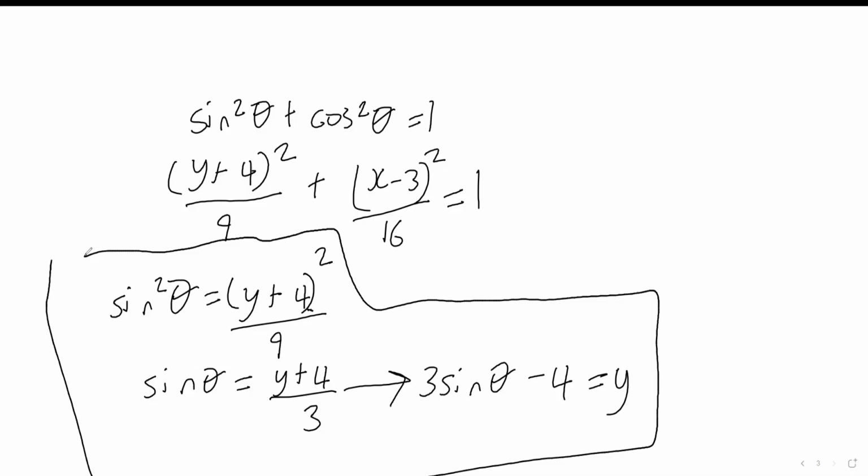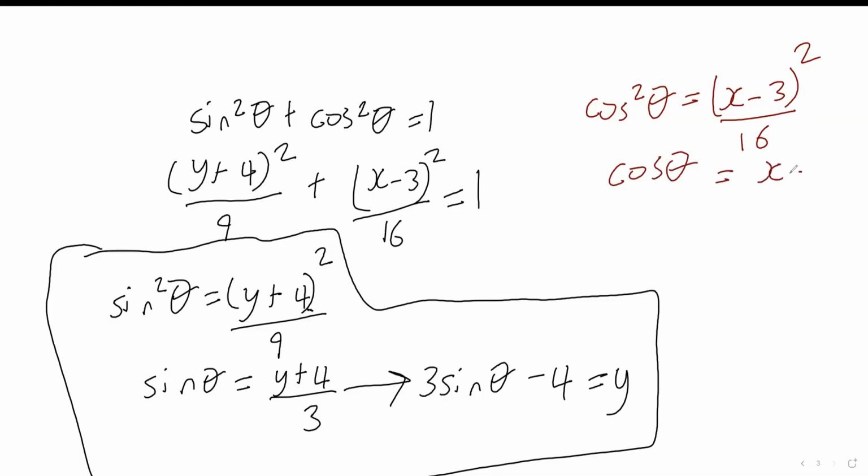Now for the next one, I'm going to make x the subject. From this one, cos squared theta is (x minus 3) squared over 16. So cos theta, square rooting both sides, is x minus 3 over 4.